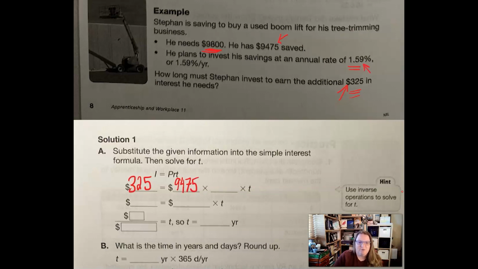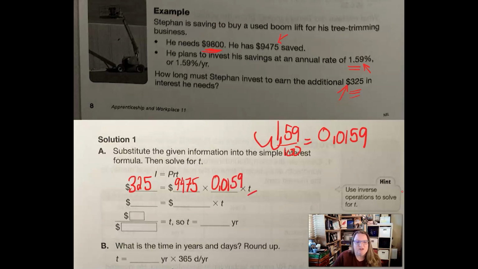So it's 1.59. Remember, you've got to divide it by 100 to get it into its decimal. So you're moving that decimal spot over 2. So when you get it into your decimal point, it's 0.0159. That should be familiar from Math 10. If you're struggling with that, please get a hold of me. We'll go through it.